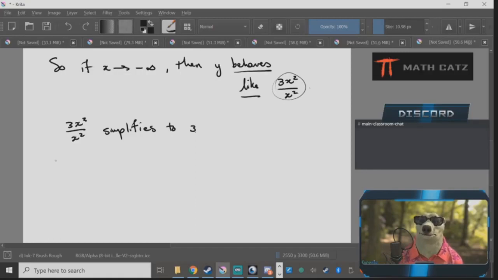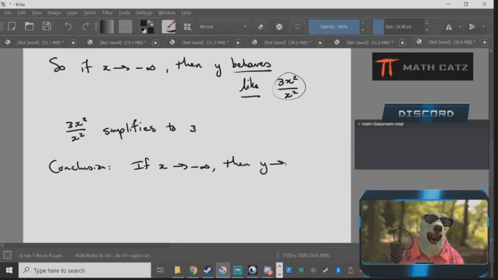So my conclusion: if x approaches negative infinity, then y approaches 3.